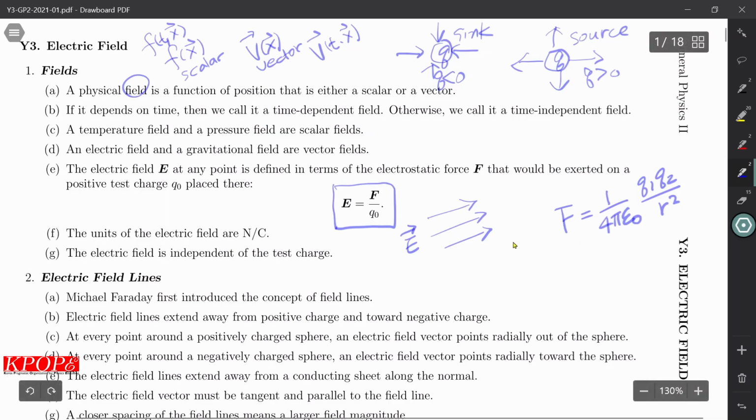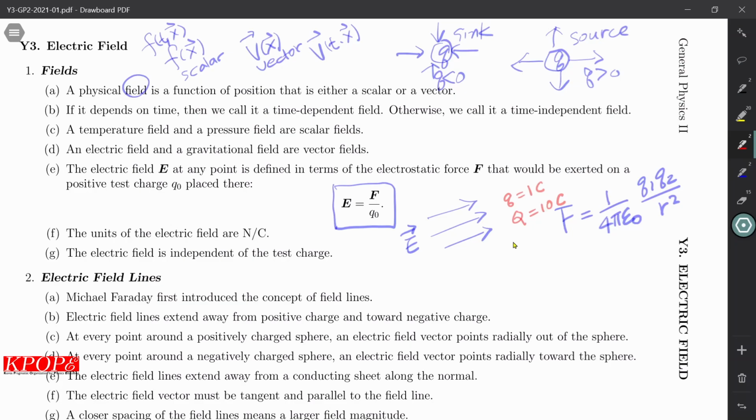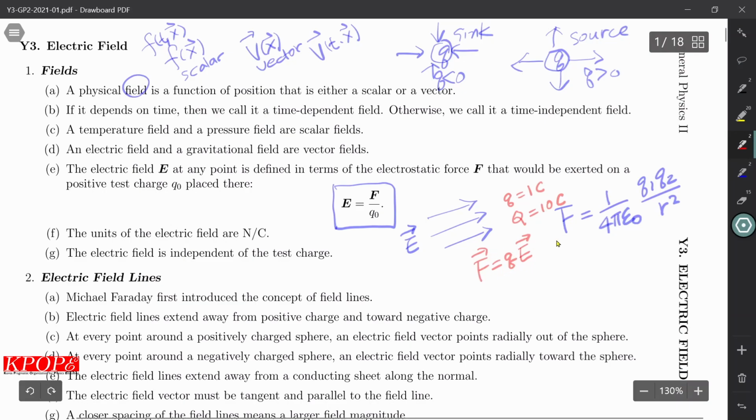If we have a charge small q equals 1 Coulomb and charge capital Q is 10 Coulomb, for example, then the electrostatic force is electric field multiplied by the charge. So this is the electrostatic force applied by the electric field to the point charge small q.